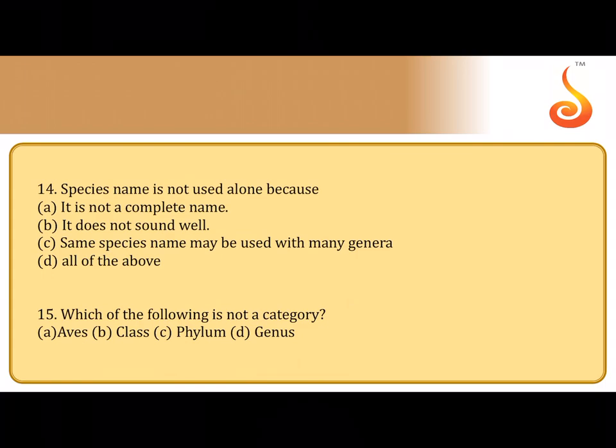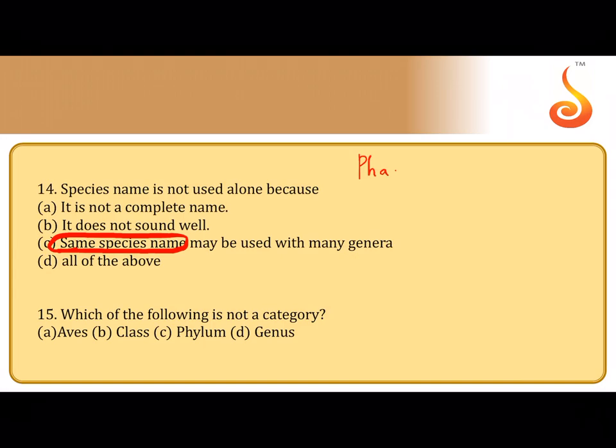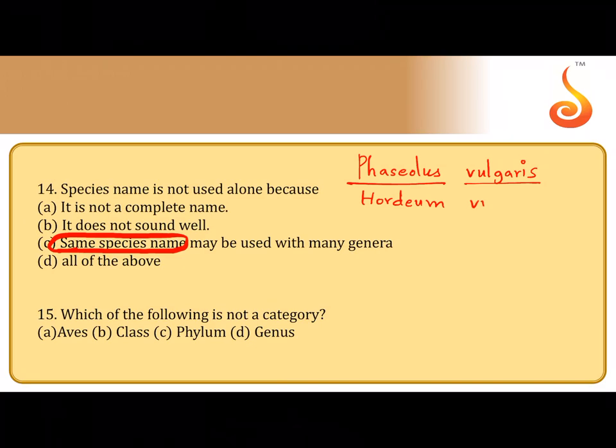Species name is not used alone because sometimes same species name may be used with different genera. This becomes a problem because if you simply use species, say for example, I will give you a very simple example here. Phaseolus vulgaris, Hordeum vulgaris.